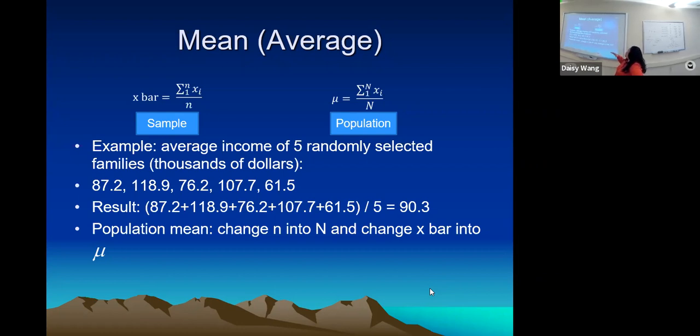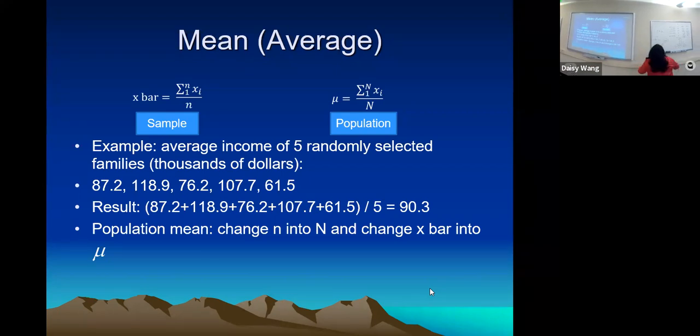You might not remember, but it's okay, I'll keep reminding you: try to know the difference. When we calculate statistics, in this case, we have the sample, because we only selected 5 examples. In statistics, we use different signs for different data.